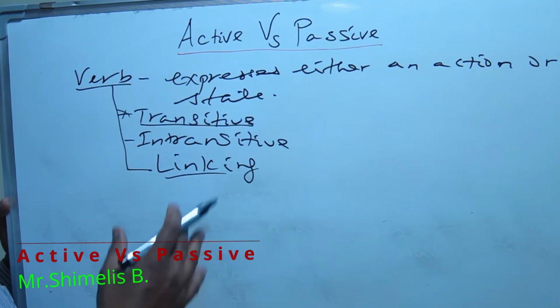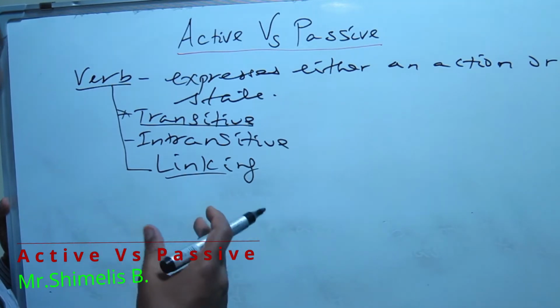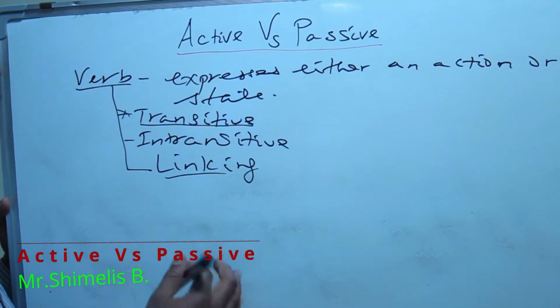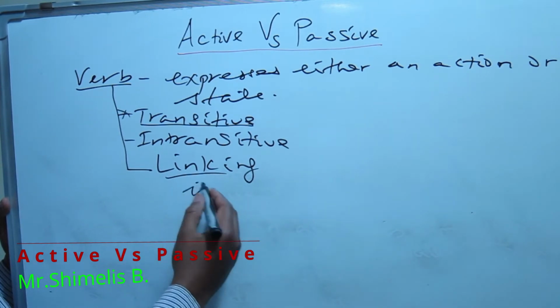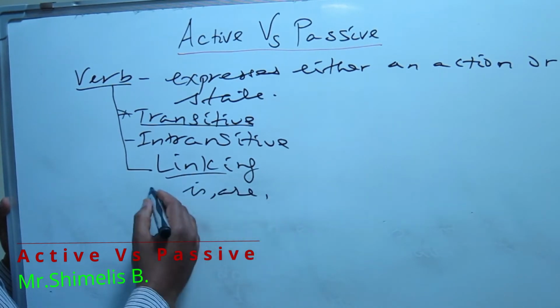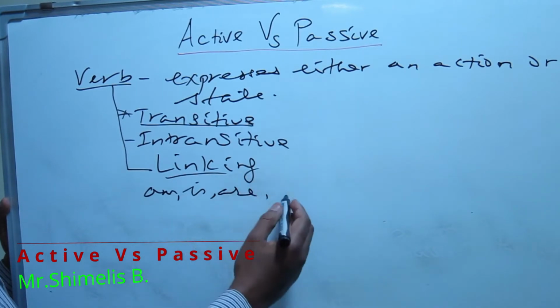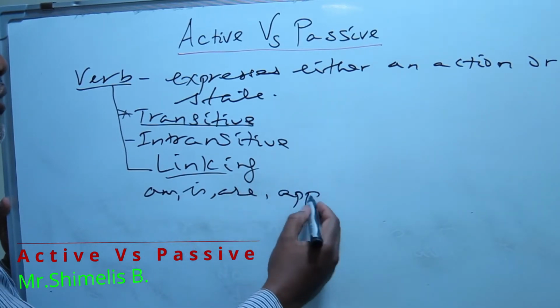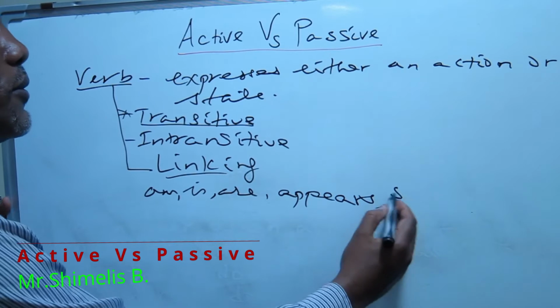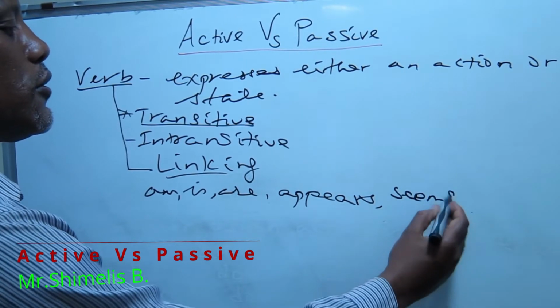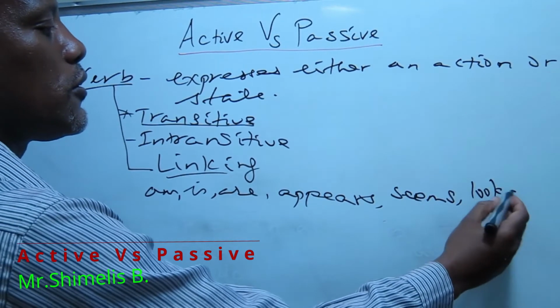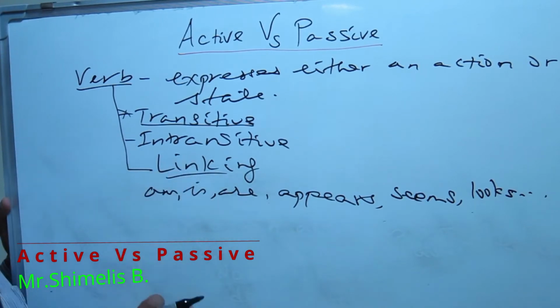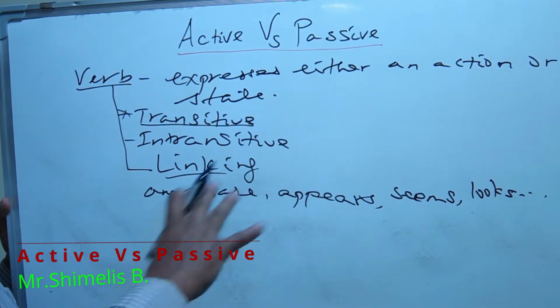Linking verbs are verbs that link or join the subject part with the other part, like the verb to be, like is, are, and verbs like appears, seems, looks. Such verbs are linking verbs. They link the subject part with the other part.